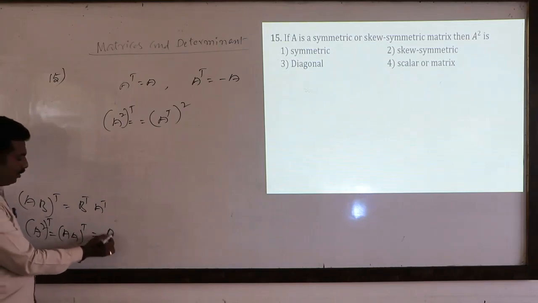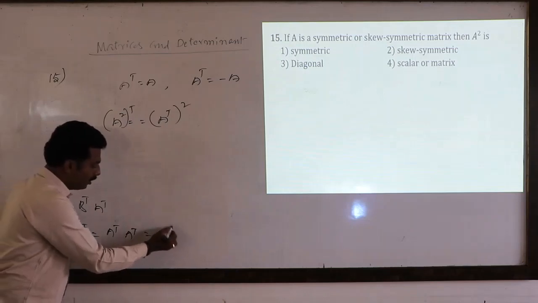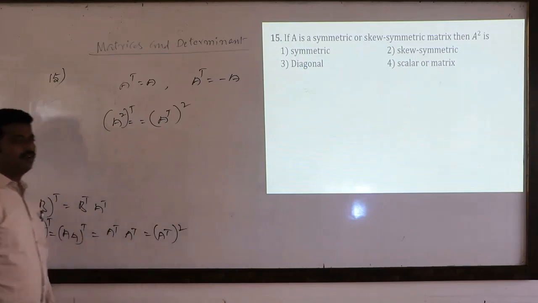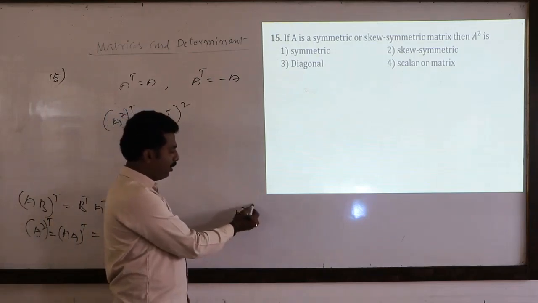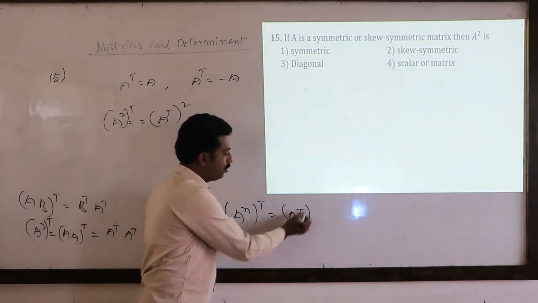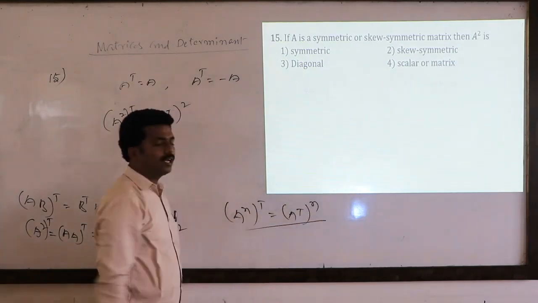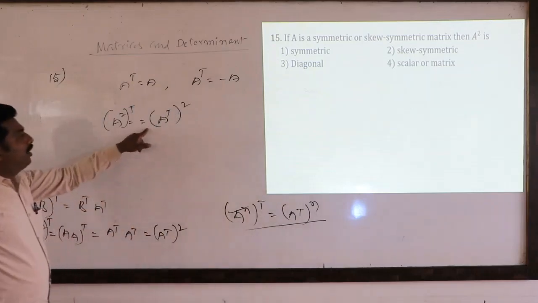Again how to write? A transpose into A transpose, that is A transpose whole square. Not only this, A to the power n whole transpose equal to A transpose whole power n also we can write. So this property we are going to apply here.